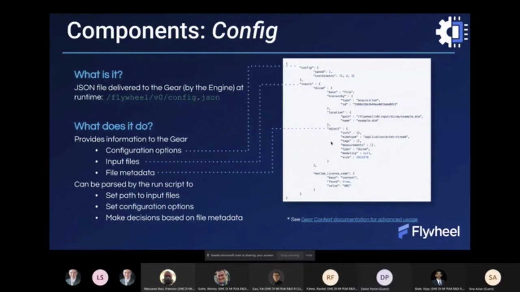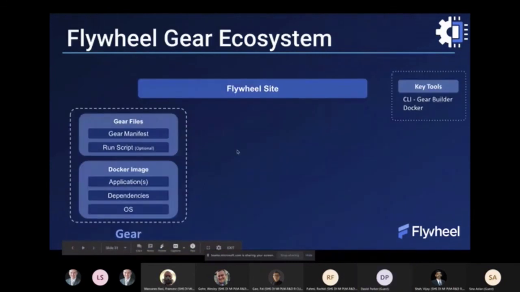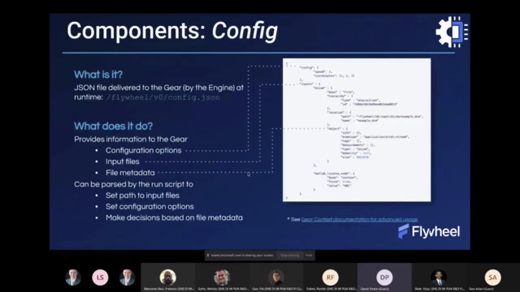This will pull in any Flywheel metadata, so you can access that if you want. Here's another input, MATLAB license code. Shouldn't need that unless there's some esoteric application for it. But yeah, so this contains all the information you need essentially to take the inputs and configuration settings and run your gear.